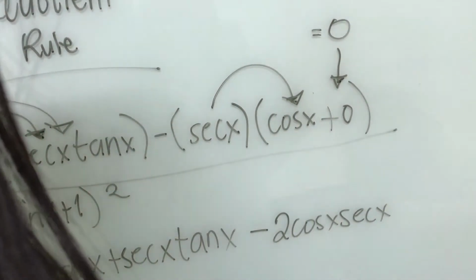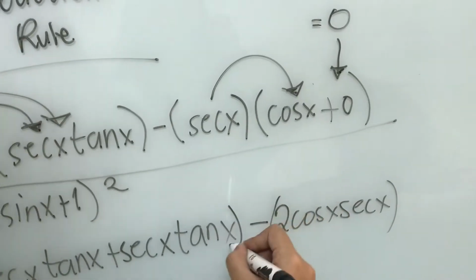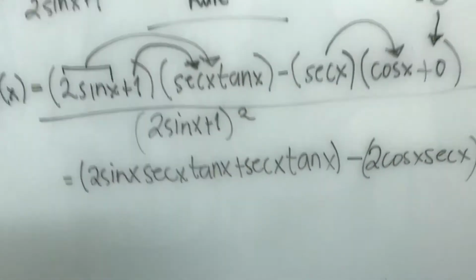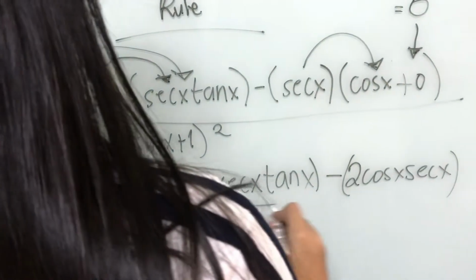It is important that we put parentheses on every term applied. And then, let us bring down 2 sine x plus 1 squared.